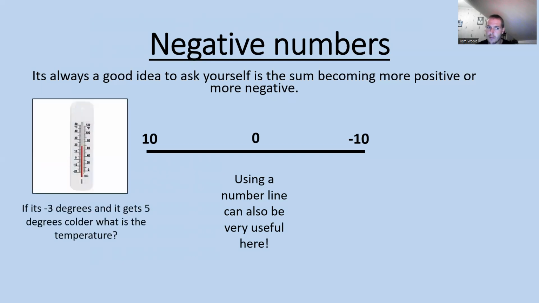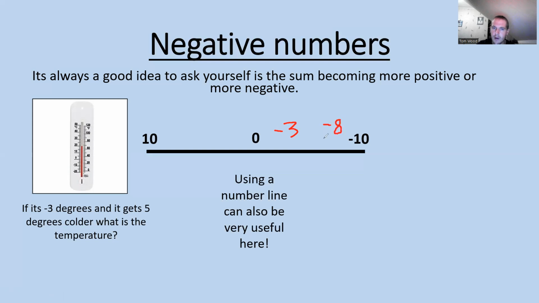Imagining something like a thermometer can be really useful as well. So if it's -3 degrees and it gets 5 degrees colder, what is the temperature? Thinking about temperature is always a good way to imagine this, but again, I can use my number line here. Well, I know it's -3 and it's getting 5 degrees colder. So I'm becoming more negative.